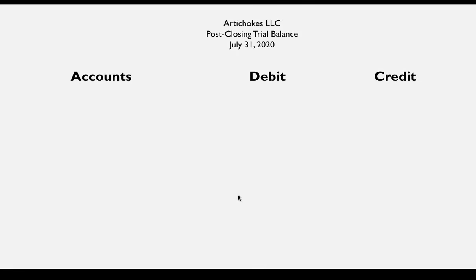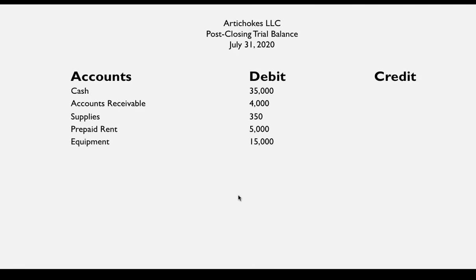Assets go first. So we list out our cash, $35,000. We list out our accounts receivable, $4,000. We have our supplies of $350. Our prepaid rent of $5,000. Equipment of $15,000.